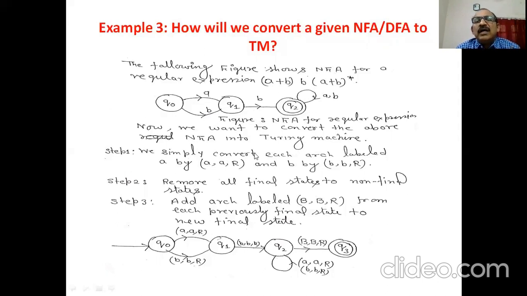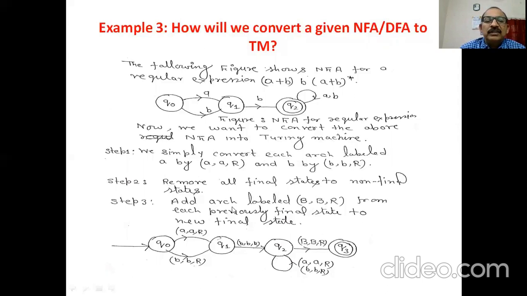Remove all final states, means make all final states non-final states. Third step, add an arc BBR from each previously final state to a new final state. Now take a new final state, here it is Q3. Okay. So this is the three-step algorithm.